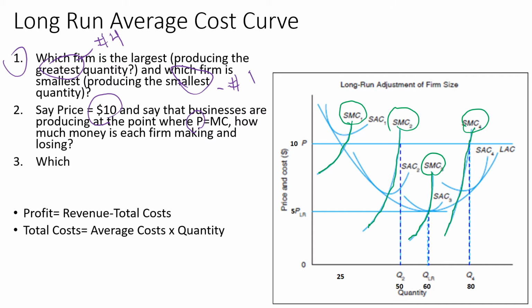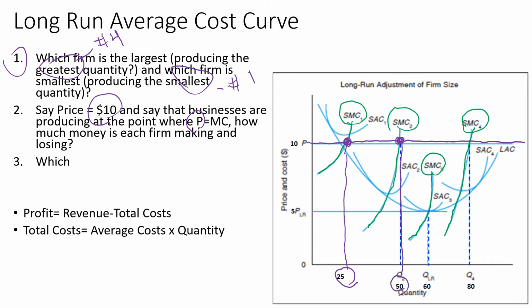So they are producing at the quantity where marginal cost equals the price, because that is going to be our profit maximizing point. So firm 1 is producing at a quantity of 25. Firm 2 is producing at a quantity of 50.